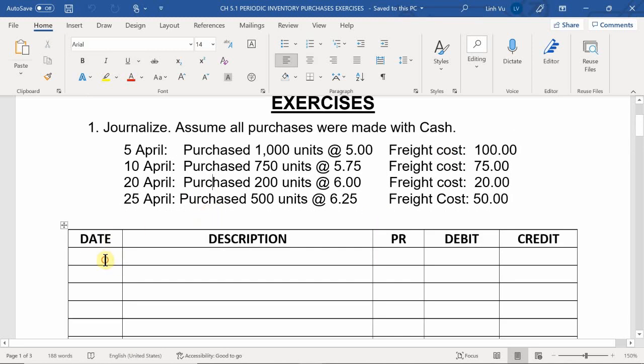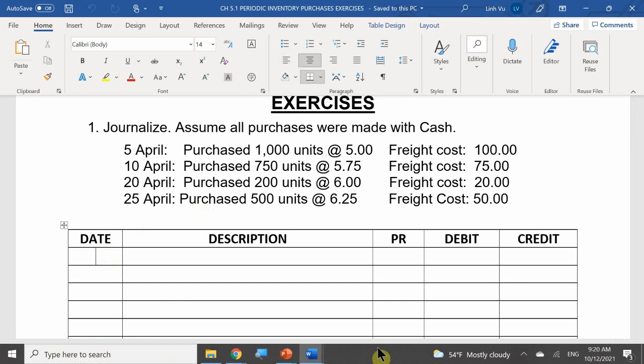So first transaction of the day is going to be on April 5th. You purchase 1,000 units at $5 each, with the freight costing $100. Okay, so it's April 5th. So how should I journalize this? With a purchase expense of 5,000. Good. Purchase expense of 5,000.